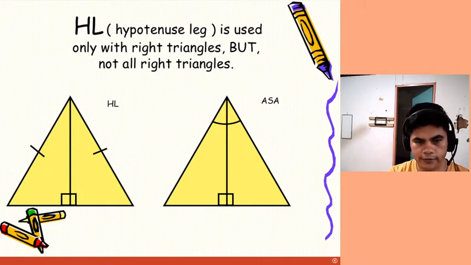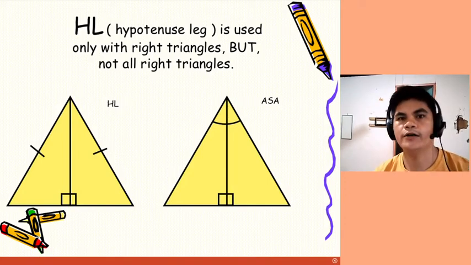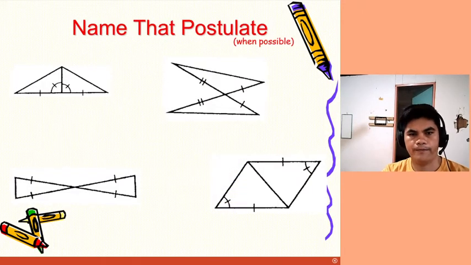For example, if this side, which is the hypotenuse, is equal to this side, which is the hypotenuse of the next triangle, and they have a common side by reflexive property, then we can say that this triangle is congruent with this triangle. I hope that is clear to everybody.